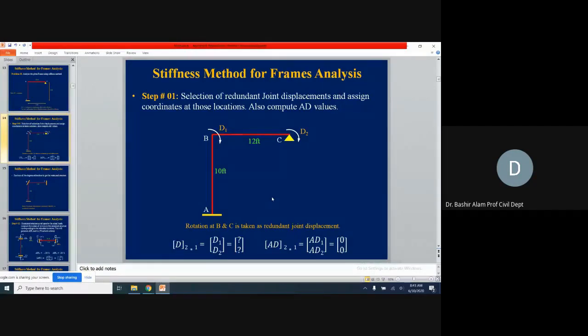So the rotation at B, which is unknown, I am declaring as D1, and the rotation at C we are labeling as D2. So rotations at B and C are taken as redundant joint displacements.